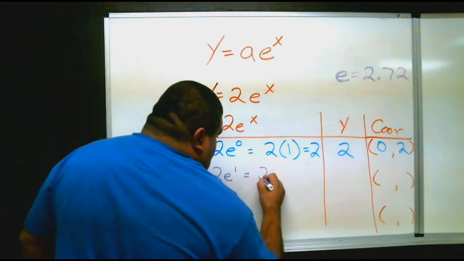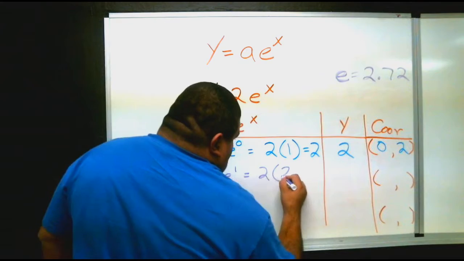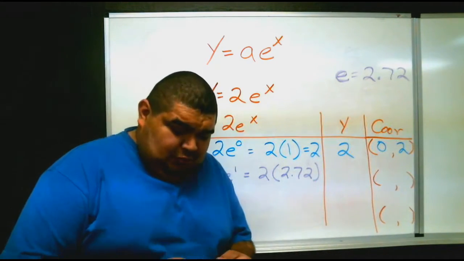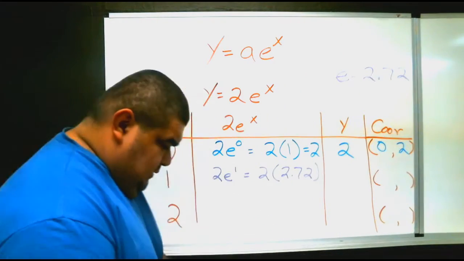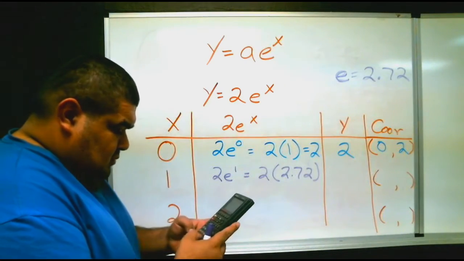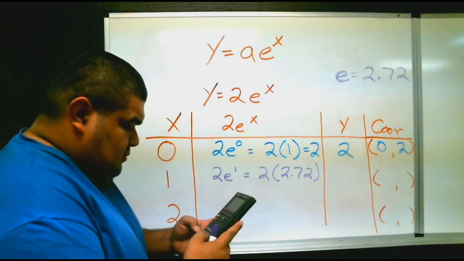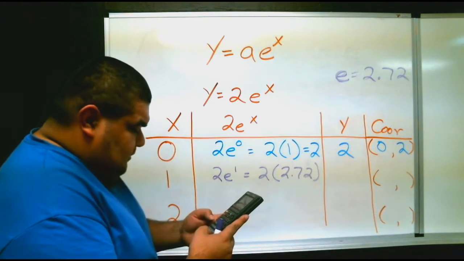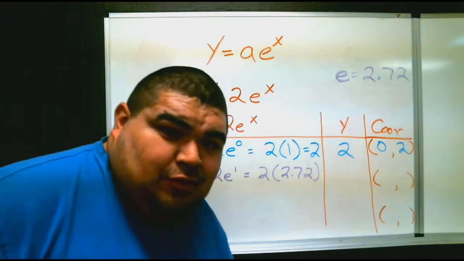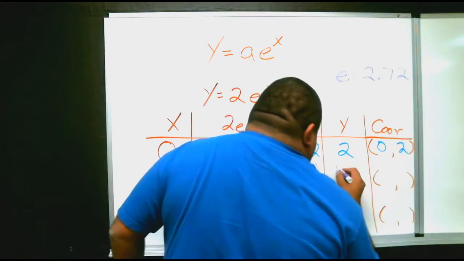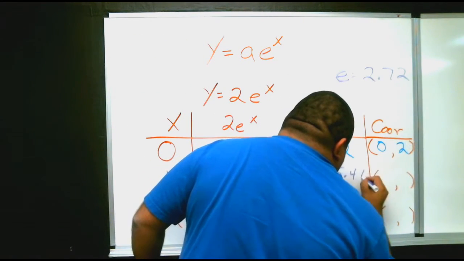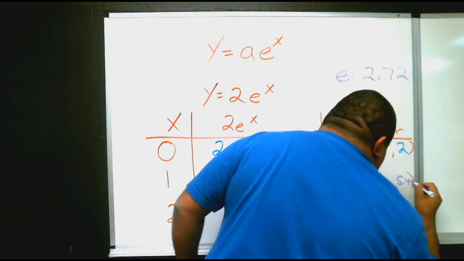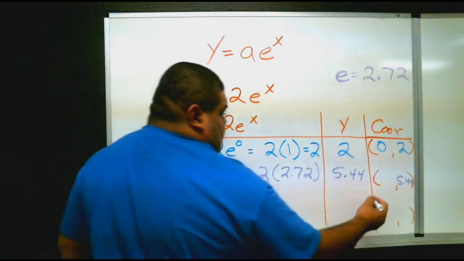We have 2 times 2.72. 2 times 2.72 equals 5.44. So our y is 5.44, and our x in this case is 1.